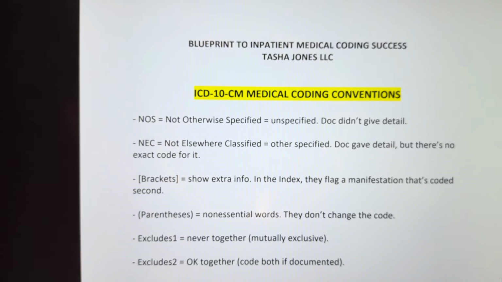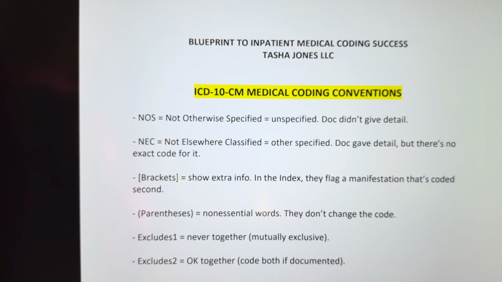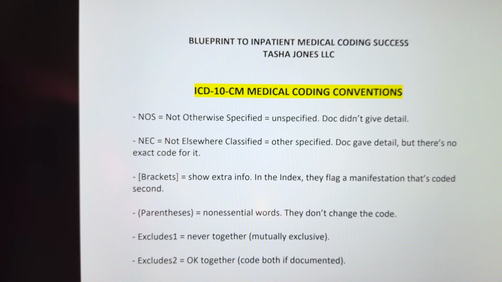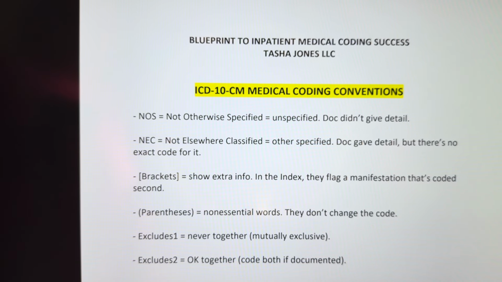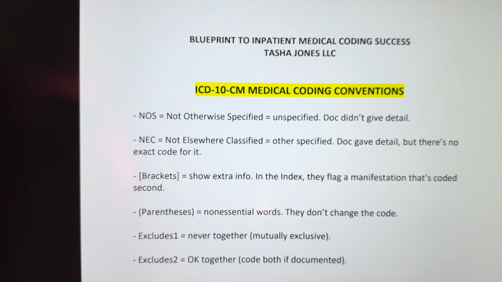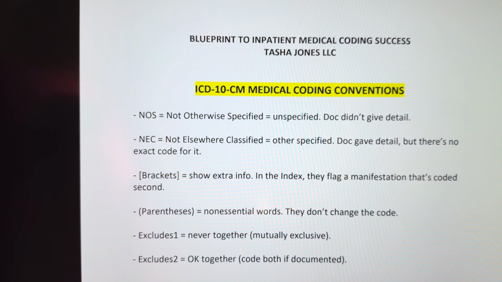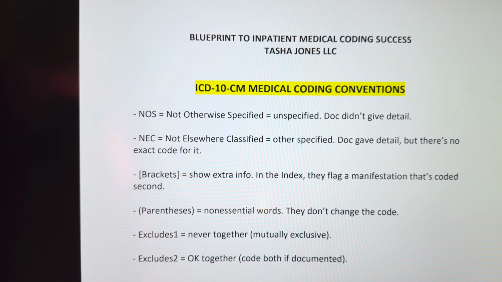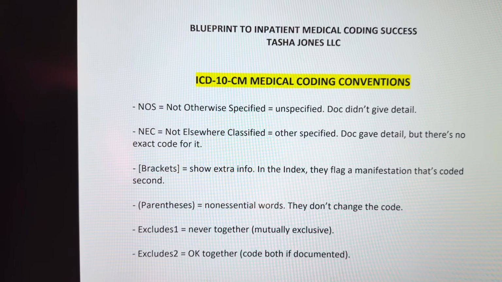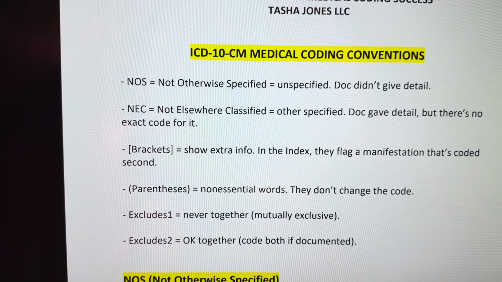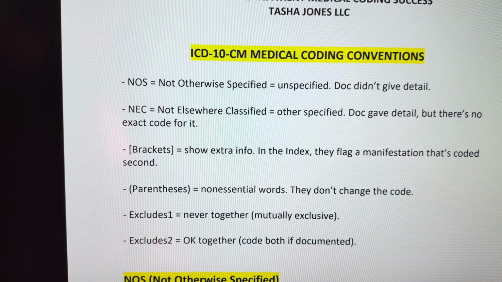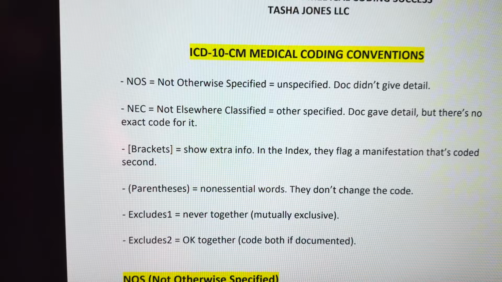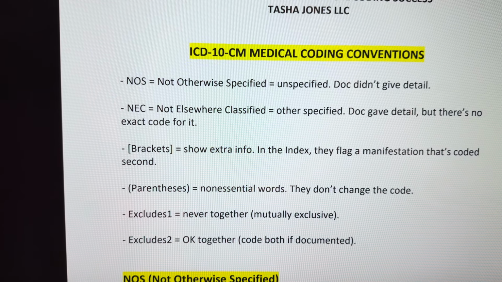Okay, guys, first, before we go through them, let me tell you what conventions do. Conventions help you interpret the code book, all right? They tell you how to read the tabular list and the alphabetic index. Remember, the alphabetic index is the first half of the ICD-10-CM code book, and the tabular list is found in the second part of the ICD-10-CM book, all right?